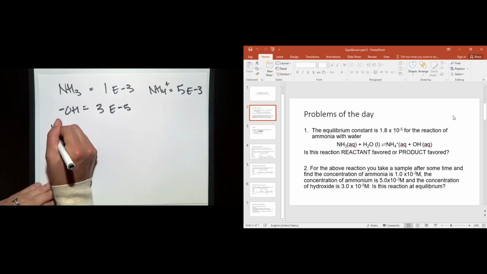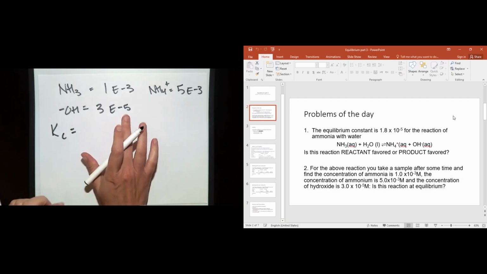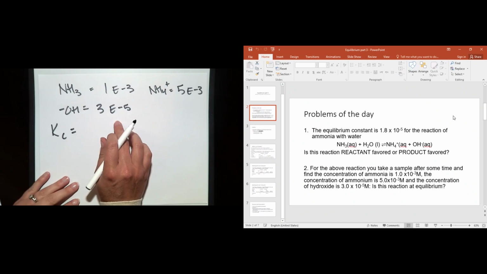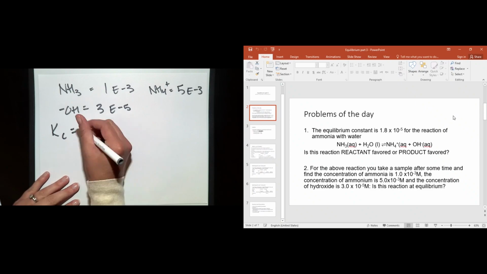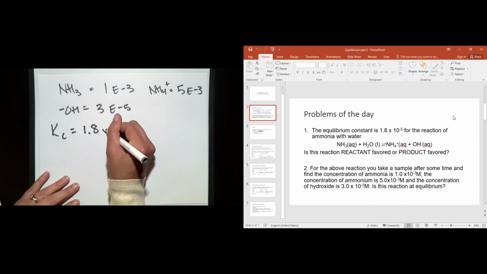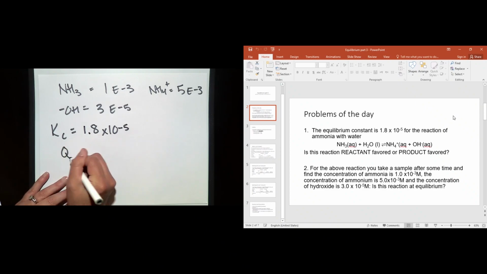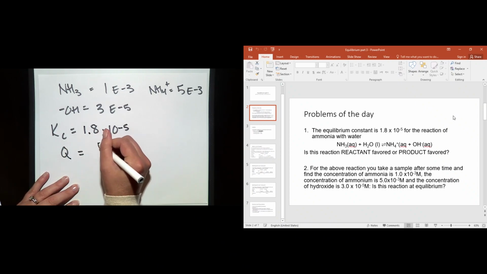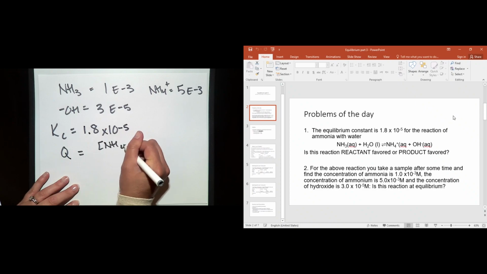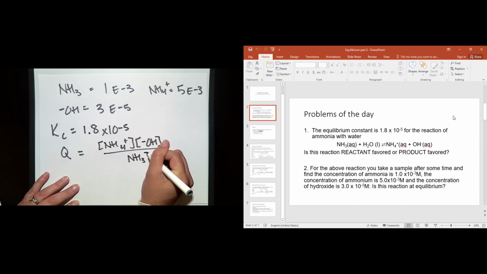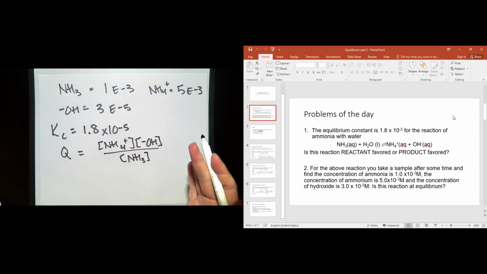Let's go ahead and write our K expression. And then I'm going to plug these values in. And I'm going to determine, do I get that value for K? The value that was given in problem 1 is 1.8 times 10 to the minus 5. So what we're really solving for is something we call Q, which is this same equilibrium constant expression, only Q is at any time.